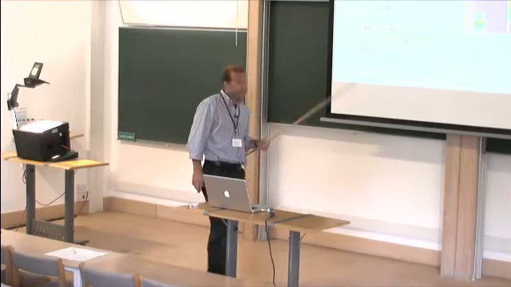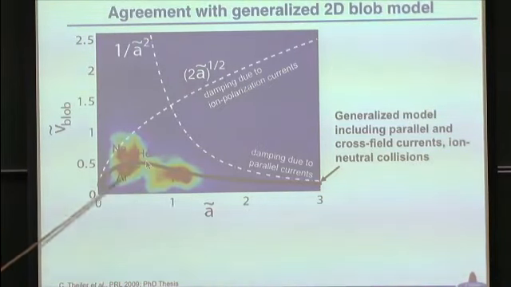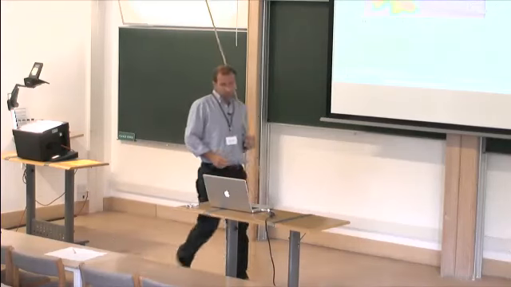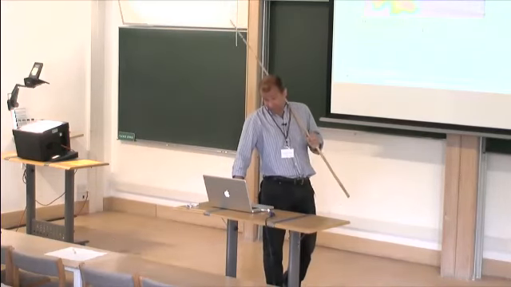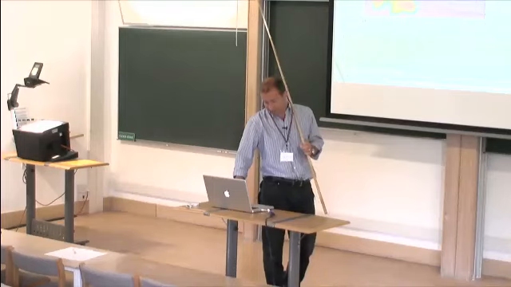In the two limits, these would dominate for a very small or very large blob, but most of the blobs are actually in between. If you don't put the generalized model, in other words, the model that has all the terms, actually it's completely wrong. But if you do, it's fairly good agreement. So I think we now have a nice way of describing the blob dynamics once it's formed.